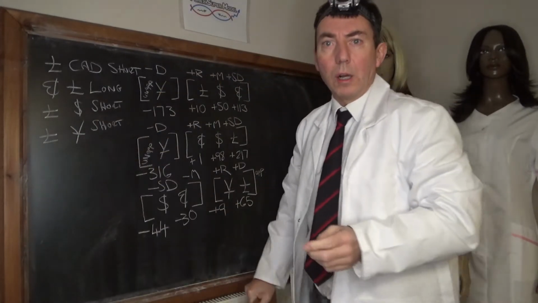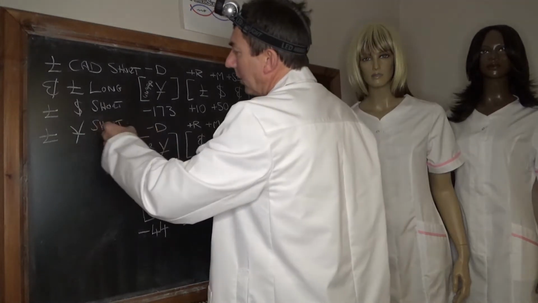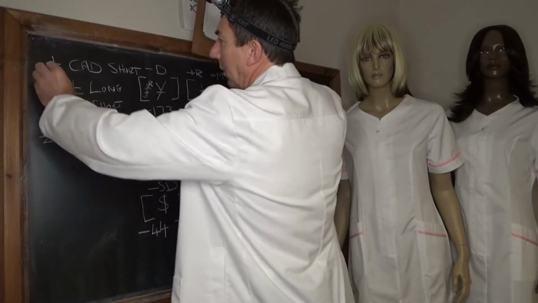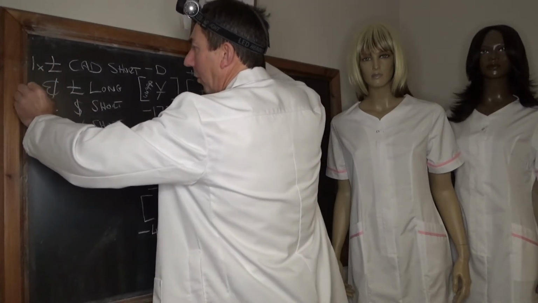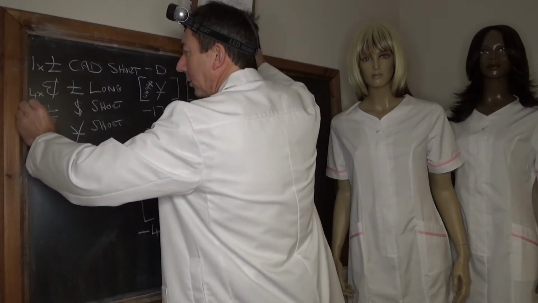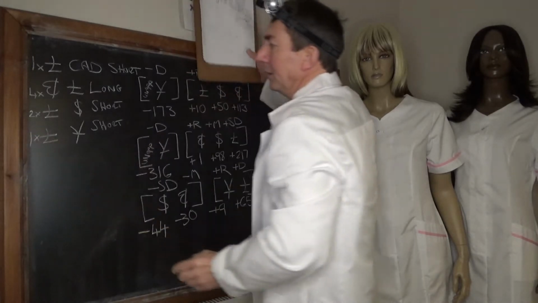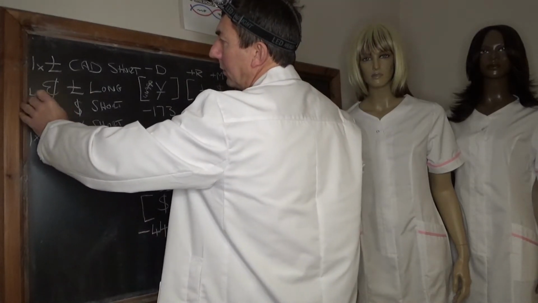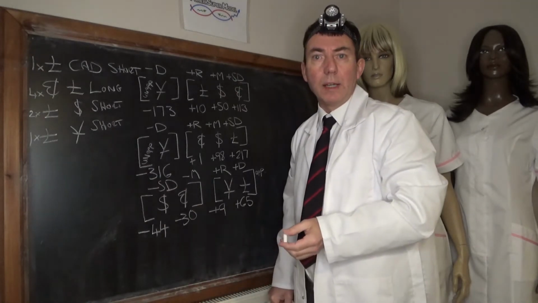Now overall, we've been fighting the market pretty much all last week. How many trades have we got? We've got one full trade in that. We've got 4 full trades in the euro pound, 2 trades in the pound dollar, and 1 in the dollar yen. So we've got 3, 7, 8, and we've got 2 accounts firing away.